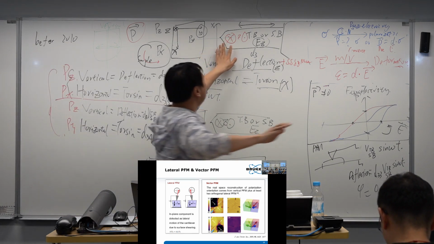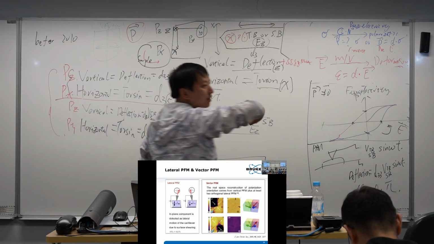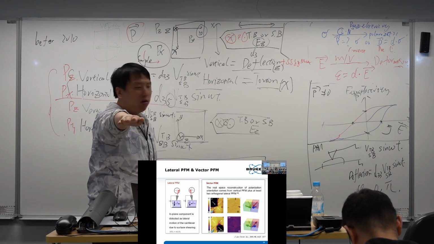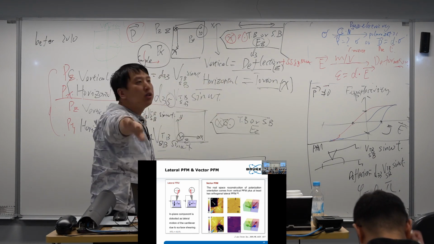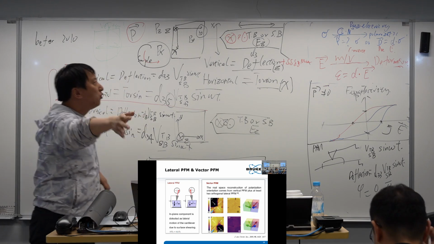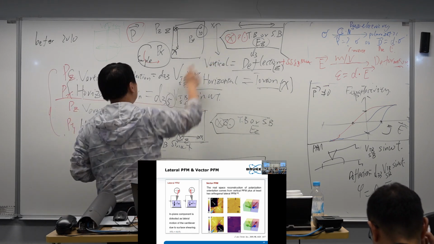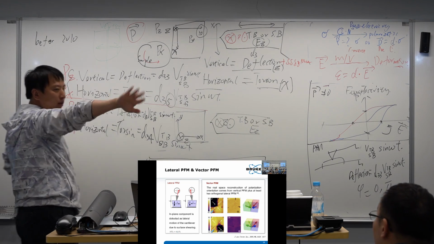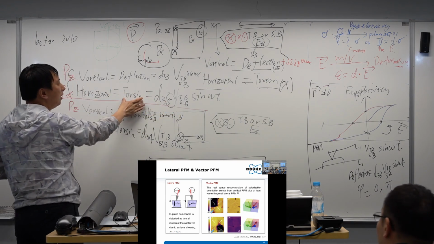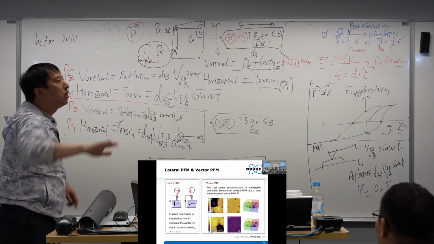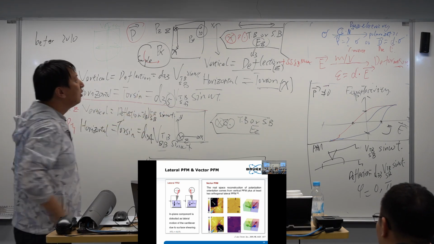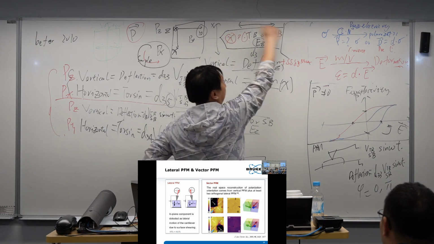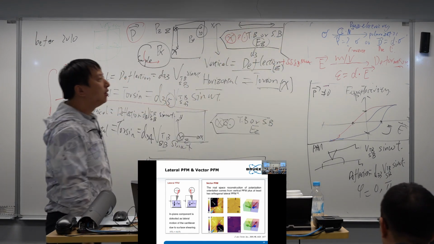If you scan in this fashion, then the friction will cause the probe to be torsional, and then the friction signal will go to the horizontal. So your torsional displacement will be mingled with friction, and we don't want to do that. So please scan in this fashion, okay?